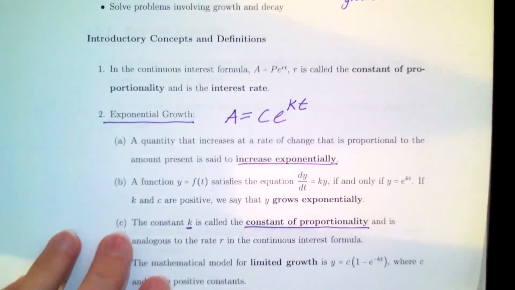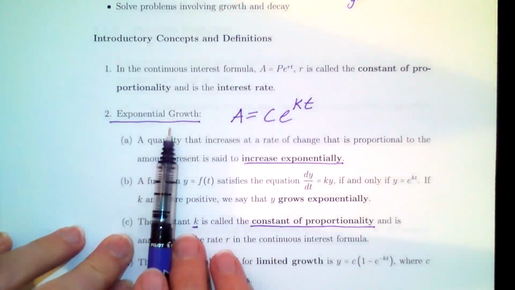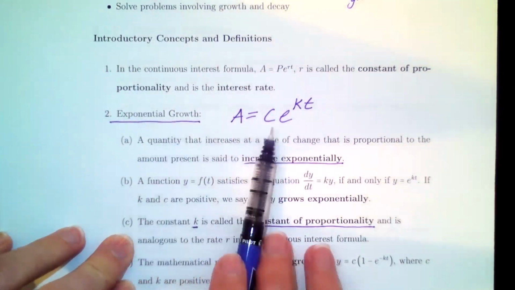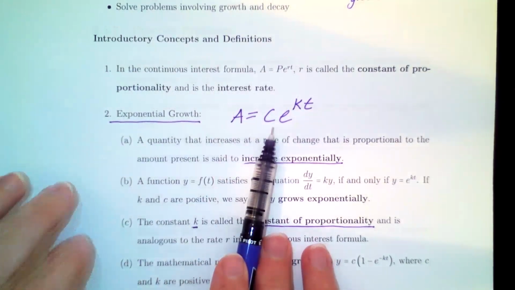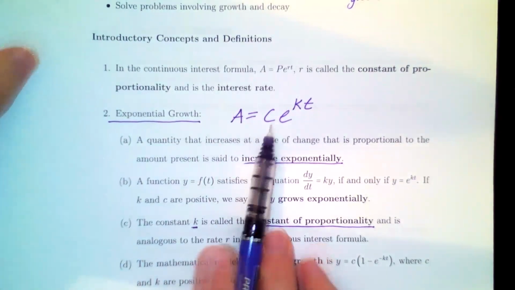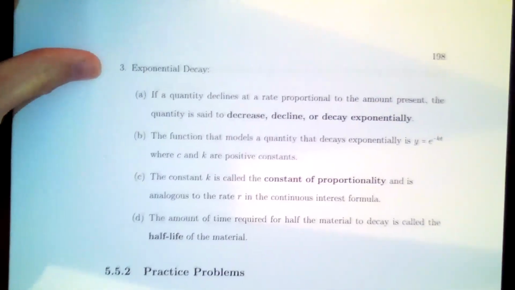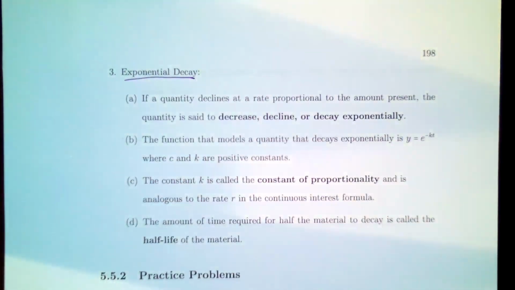Now, on the other hand, you do have something called exponential decay. Not everything always goes up. Like in the context of money, we put money into account and it grew exponentially in the account, but not all models represent growth. There is something that we call exponential decay, which is instead of something getting bigger over time, it's going down over time.